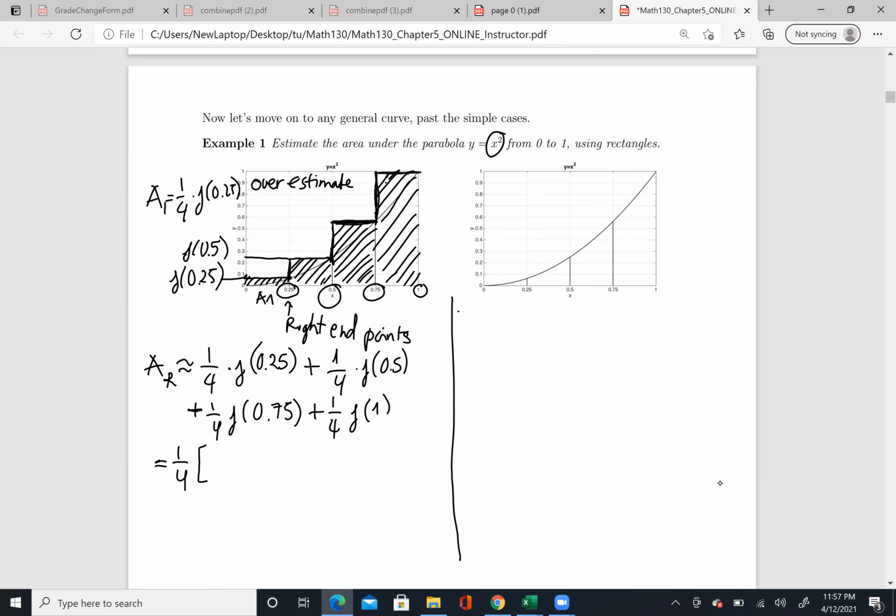You can also change it. What I did is I split from 0 to 1 into 4 intervals: 0 to 0.25, 0.5, 0.75, and 1, right?